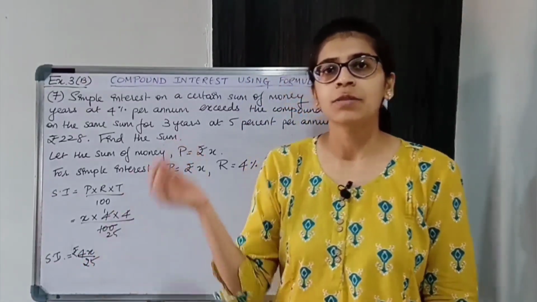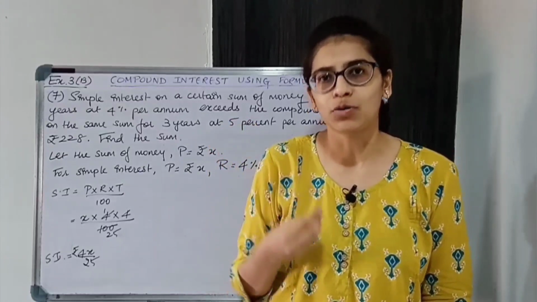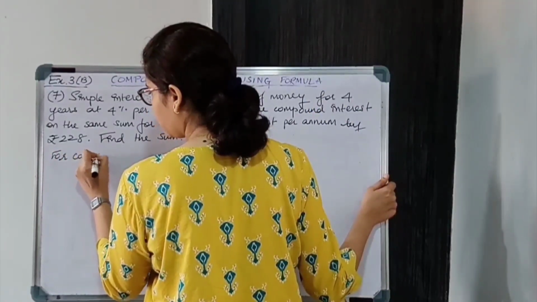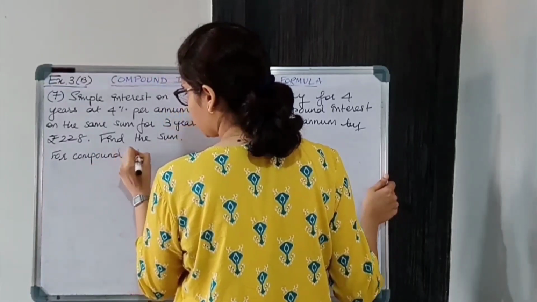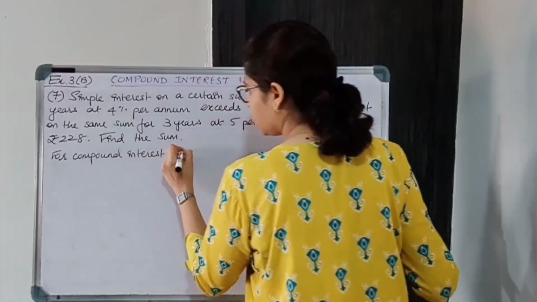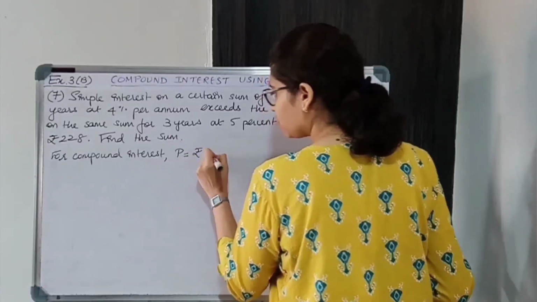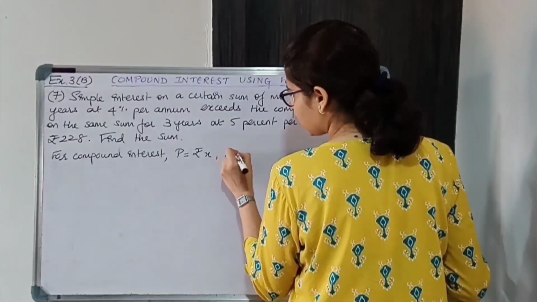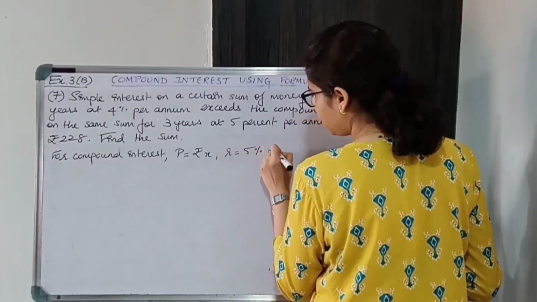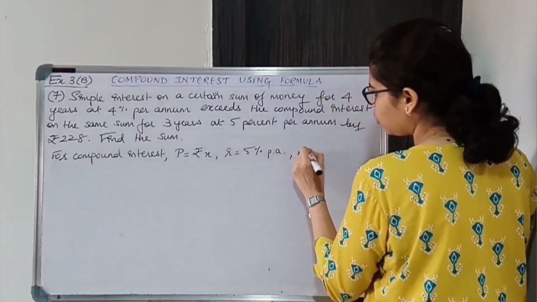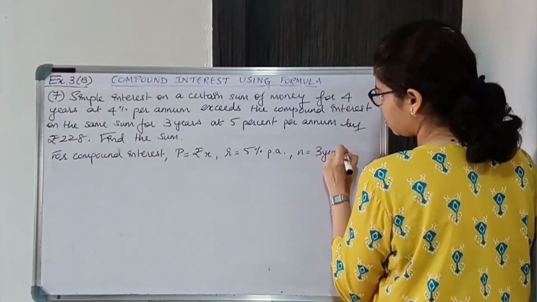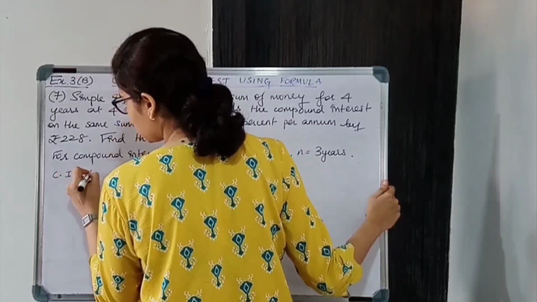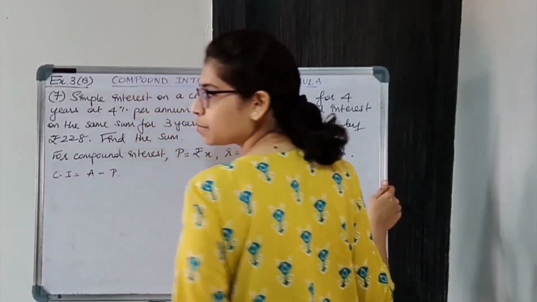Okay, now similarly let us calculate compound interest. So for compound interest, principal is same. Okay, rate of interest is 5% per annum, and number of years is 3 years. Alright, now compound interest is amount minus principal.